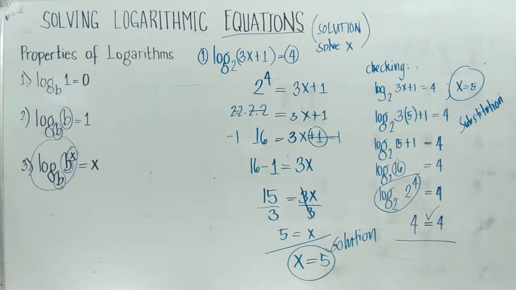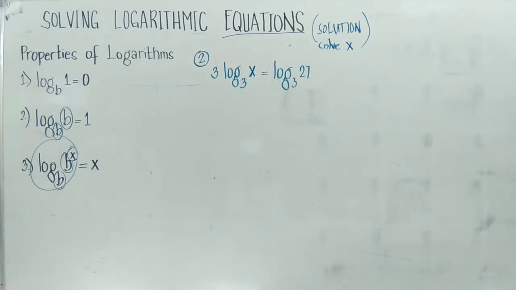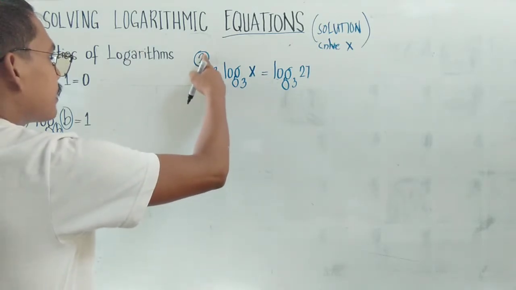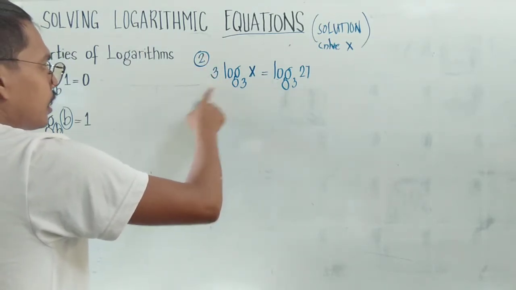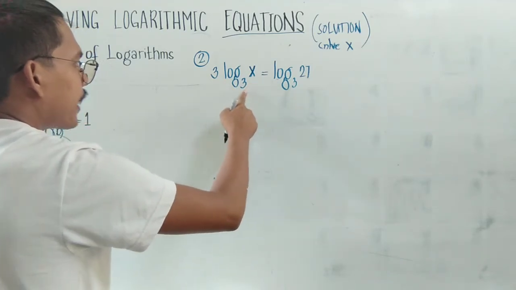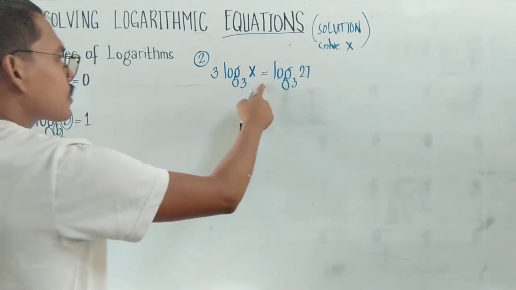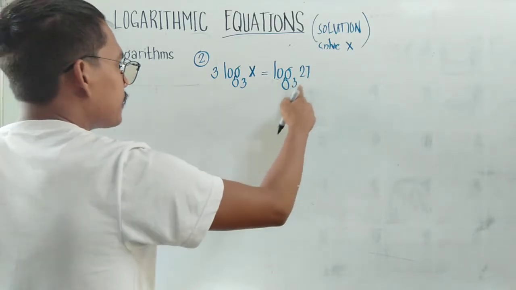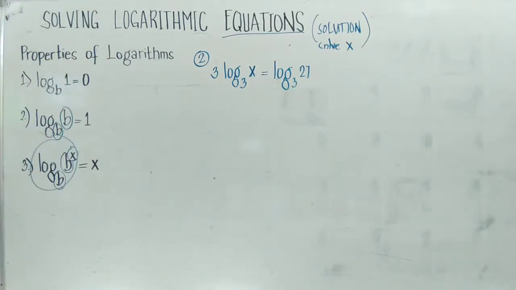Okay, now let us proceed to another example. Okay, on the board we have our second example. We have log of x base 3 equals log of 27 base 3.